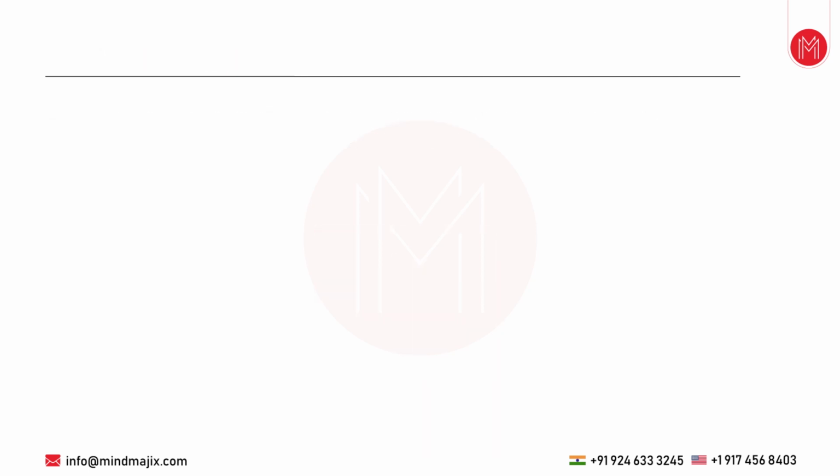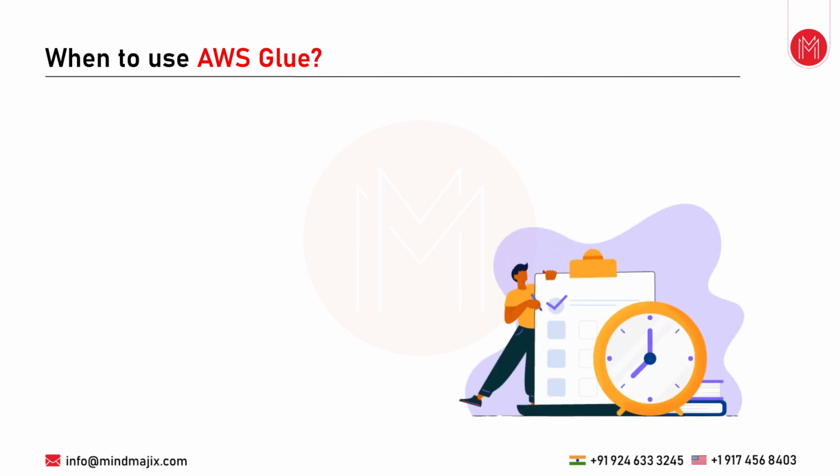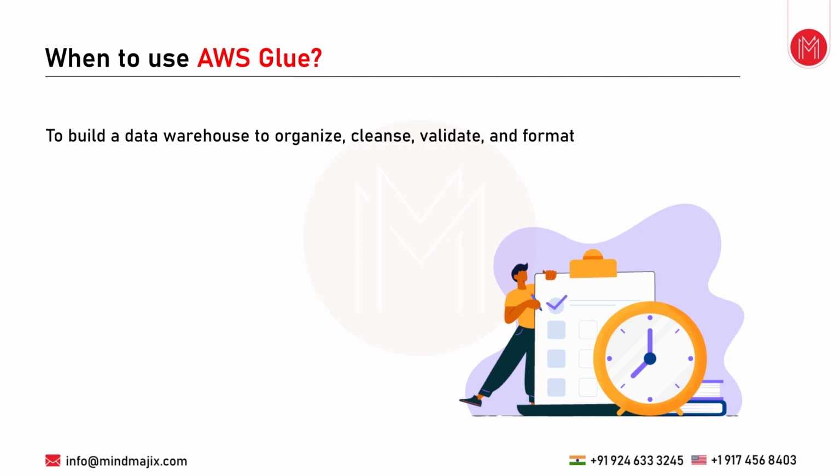Let's move to the next point, which is when do you use AWS Glue? The points that we will cover in this section are basically the scenarios. There are various scenarios where you can use AWS Glue. As you can see on the screen, these are the various points that we will cover in this section. The first point is you can use AWS Glue to build a data warehouse to organize, cleanse, validate, and format data.